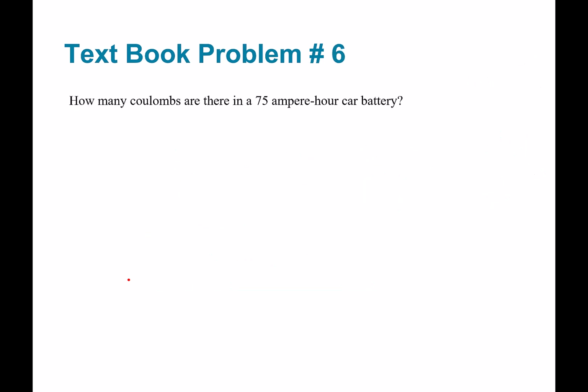Once again, we can talk about another question. How many coulombs are there in a 75 ampere hour car battery? So when I say how many coulombs, that means I'm trying to find out delta Q, and what is given?